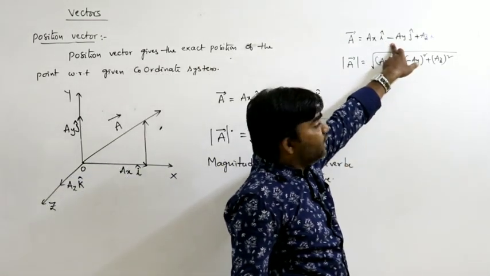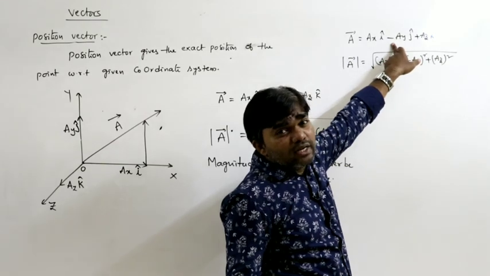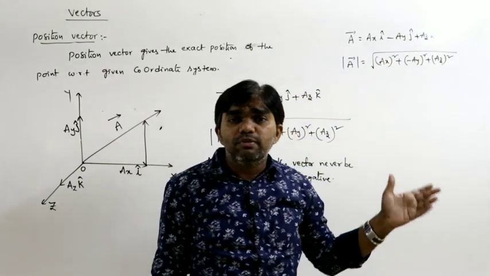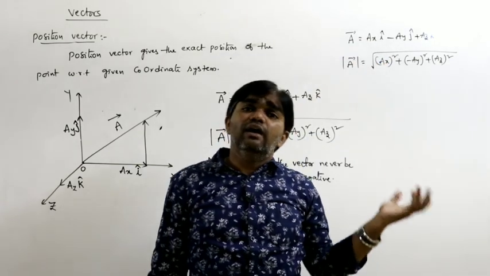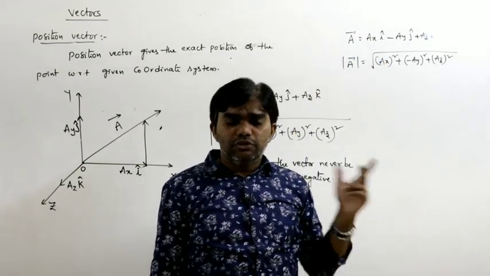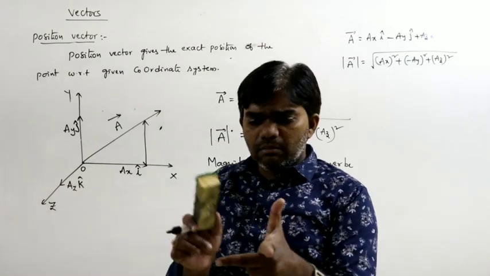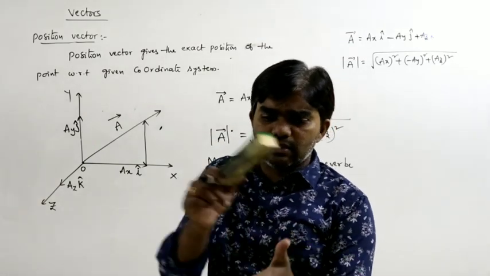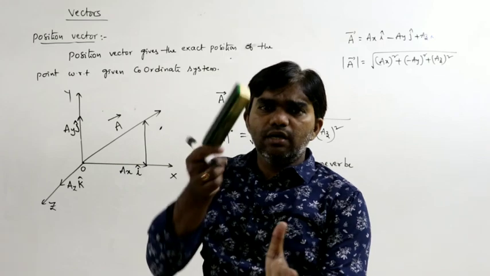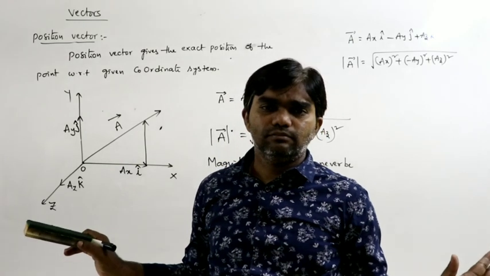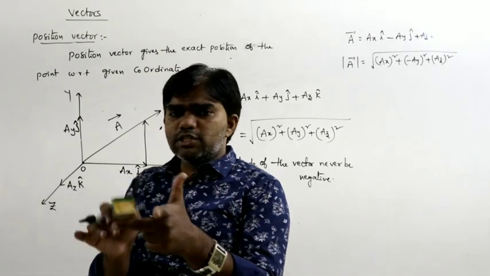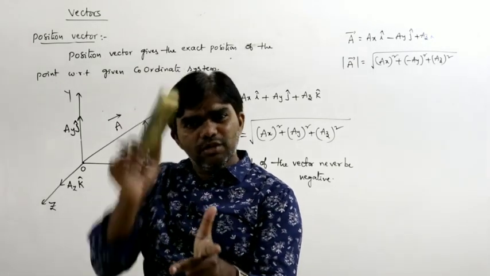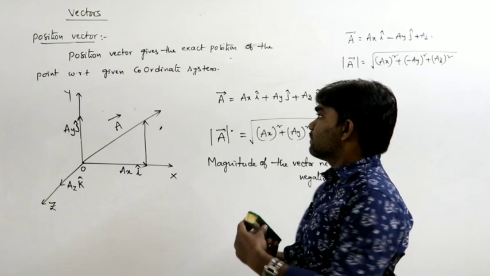What does the negative sign indicate? That the vector is along the negative y axis. If it is negative x, the vector is along the negative x axis, like that. Vector representation must be in these 3 dimensions only: x, minus x, y, minus y, z, minus z, that's all. Next.